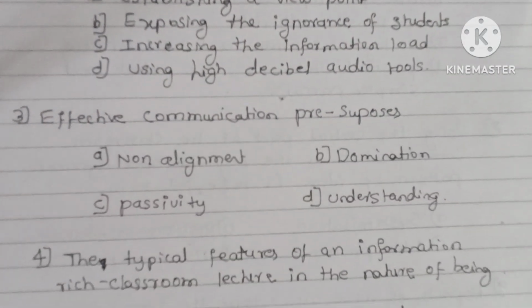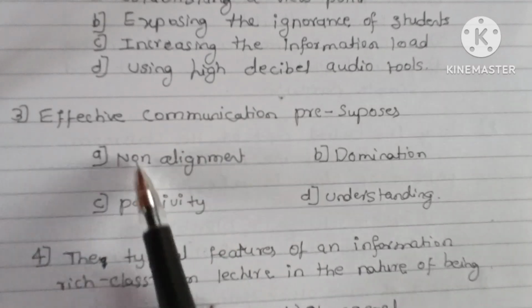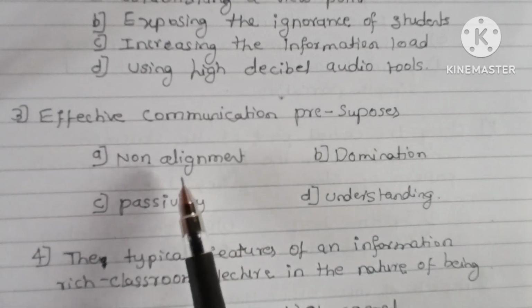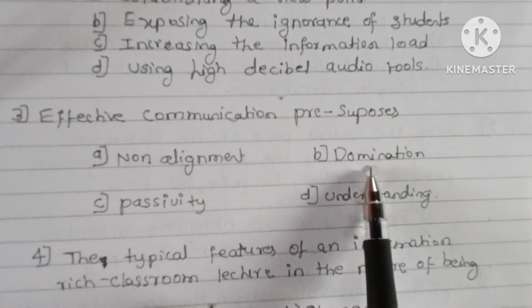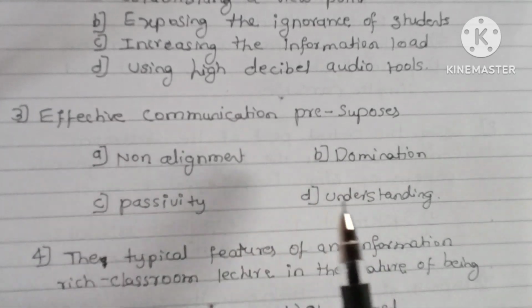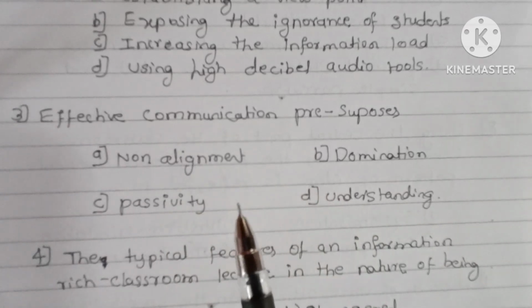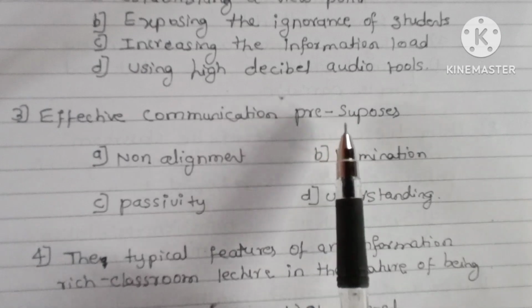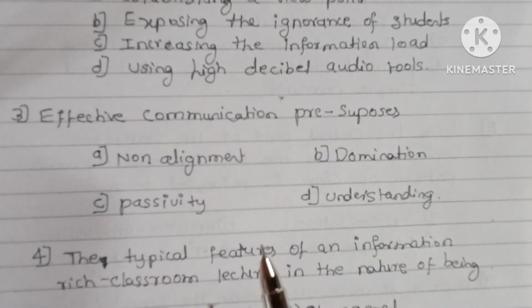Next, come to third question. Effective communication presupposes non-alignment, domination, passivity, or understanding. Effective communication presupposes understanding.